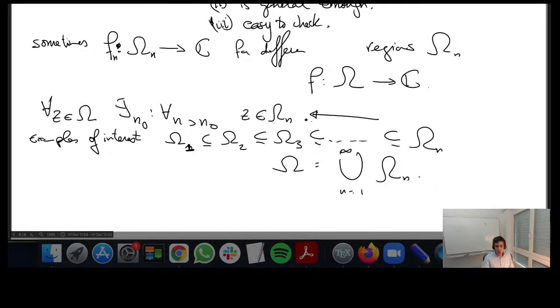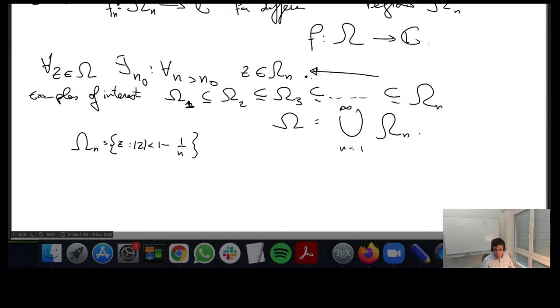So think maybe omega_n is like the set of z's such that the absolute value of z is smaller than 1 minus 1 over n. So you stay a little bit away from the boundary of the disk by 1 over n, but you converge to the disk. These are the kind of examples that one studies.